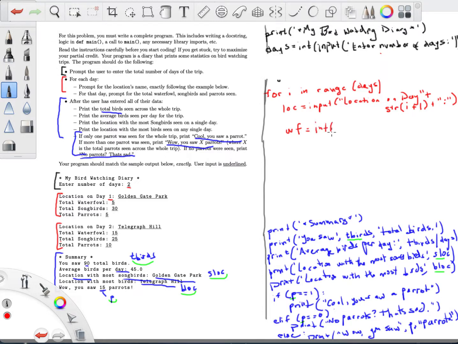So int, input, total waterfowl, then songbirds, and then parrots.